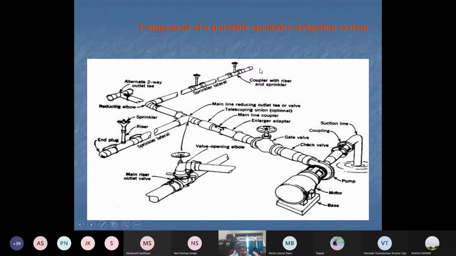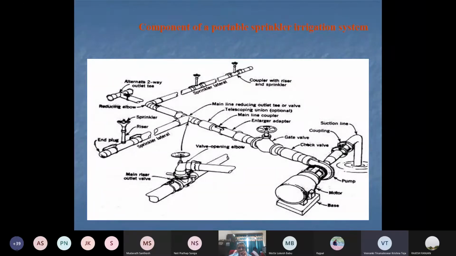These systems are allowed to move. Once the irrigation is being done, you keep on moving the sprinkler in this direction, and then it may go in this direction. Accordingly, the irrigation is performed. So this is one of the methods of application of water by using the sprinkler irrigation system.